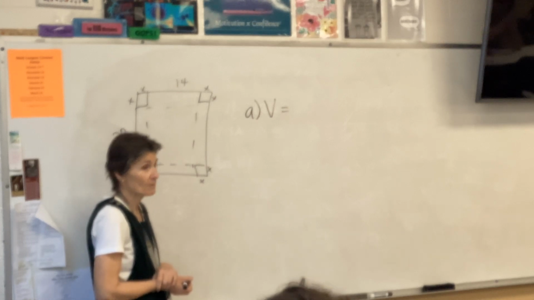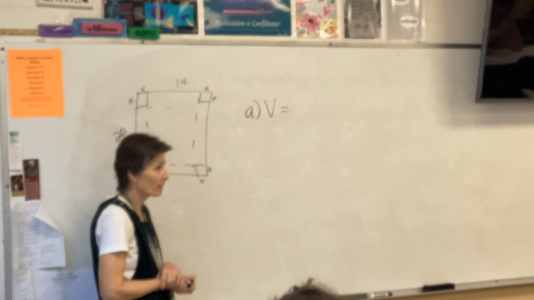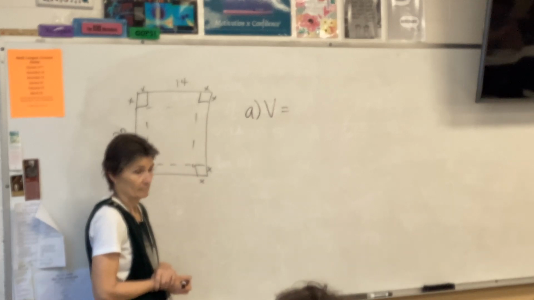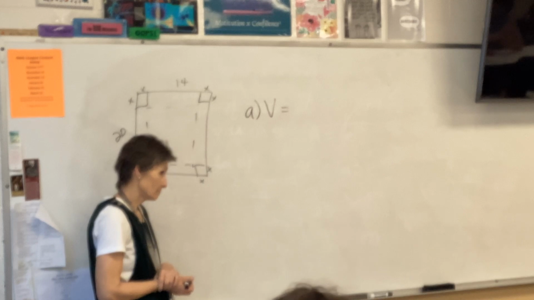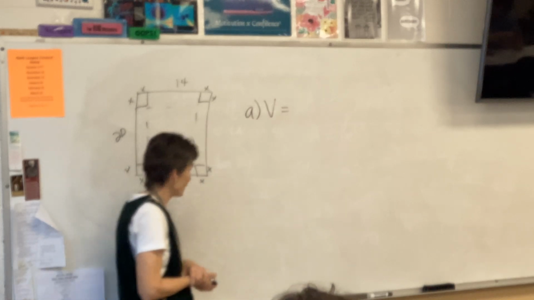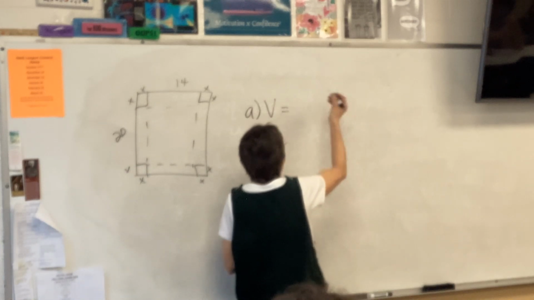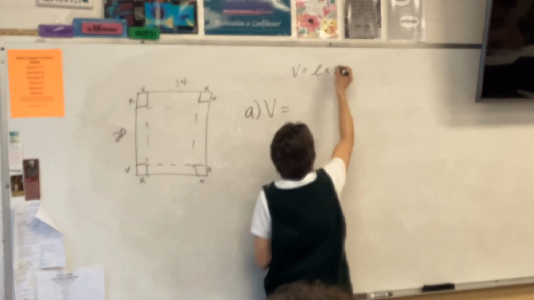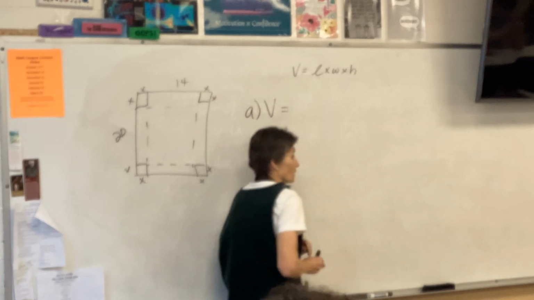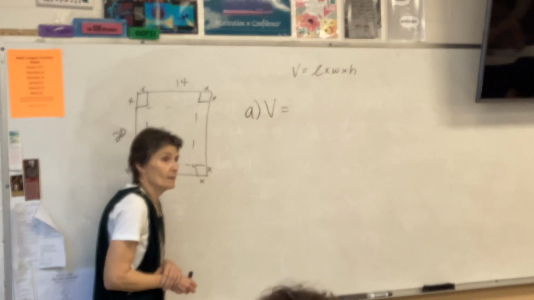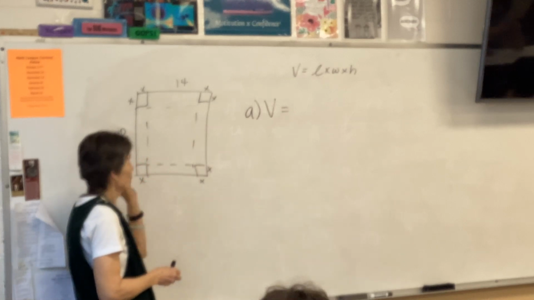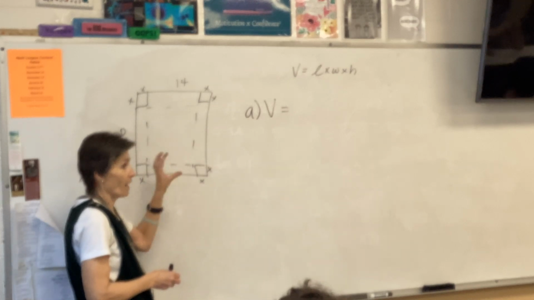Who remembers anything about the volume of a box? Length on this side. Okay, so the basic formula is length times width times height from geometry. But we are doing it for this particular box.